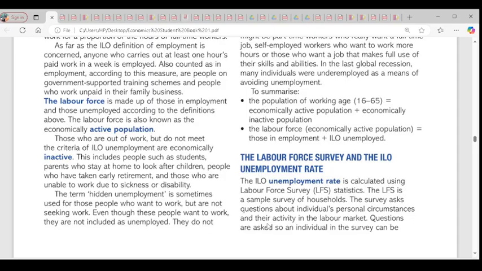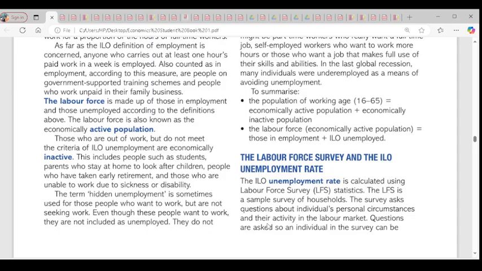Yes. So according to ILO, the labor force is the number of employed plus the number of ILO unemployed. It has to be ILO unemployed, because you have to meet that category before we consider you as unemployed.